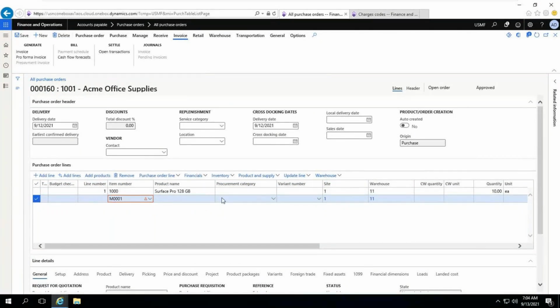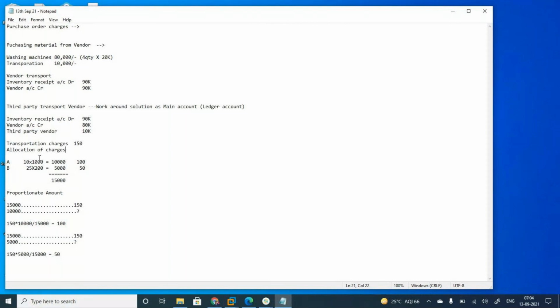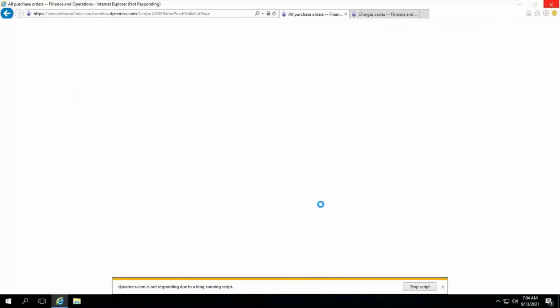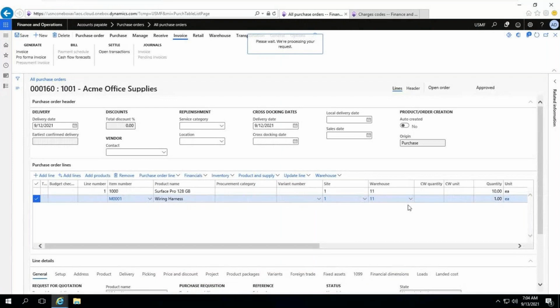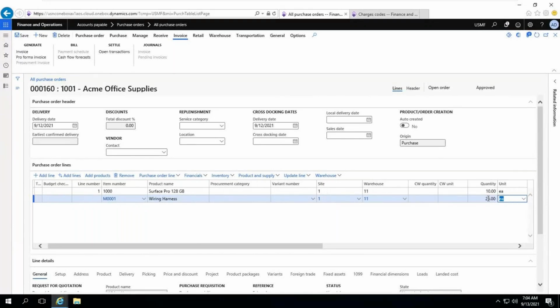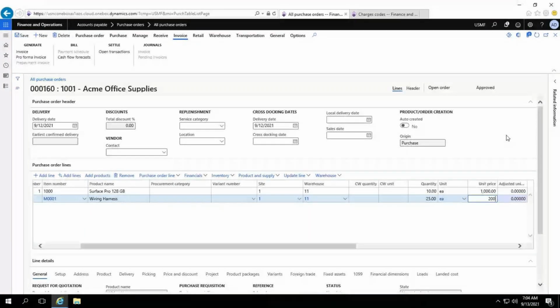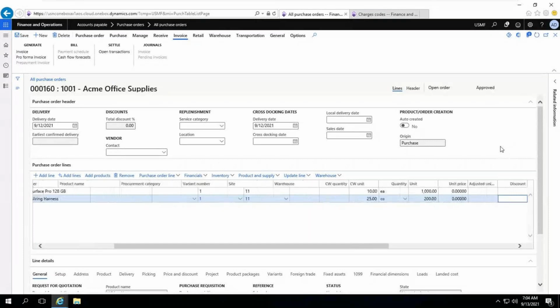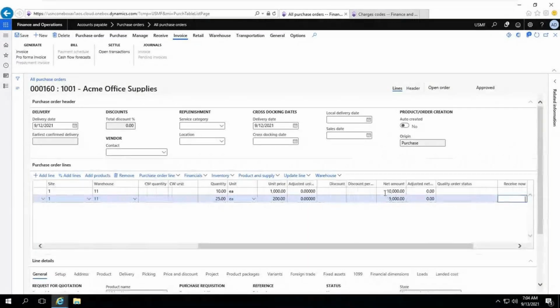I am purchasing, as discussed here, 25 quantity at the rate of 200. Give me a second, it's loading. Fine. Actually it is showing 3.85. Let me change it to 200. So now the net amount is 10,000 and 5,000.